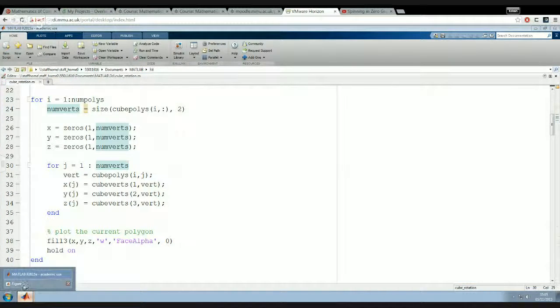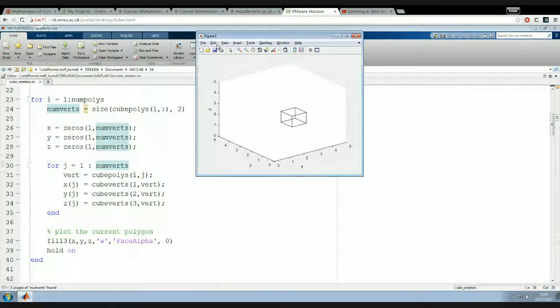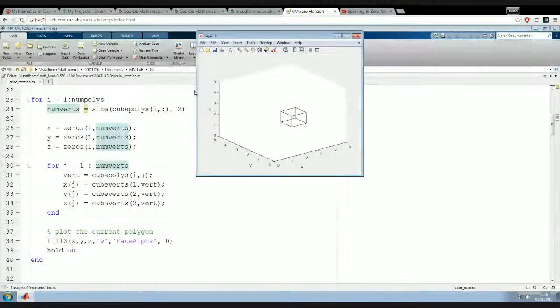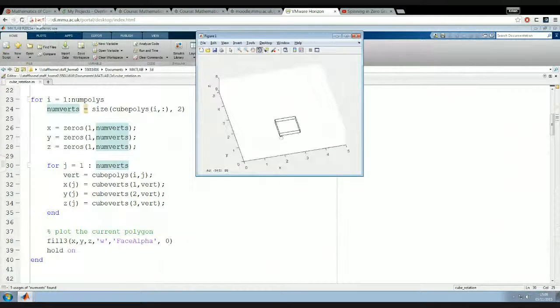When I ran that there, I got this 3-dimensional thing. And so that's a proper 3-dimensional plot. We can rotate that in 3 dimensions. So there's my actual cube in space. That's the original cube, the one I was holding up above the table a moment ago. So let's go about trying to rotate that.